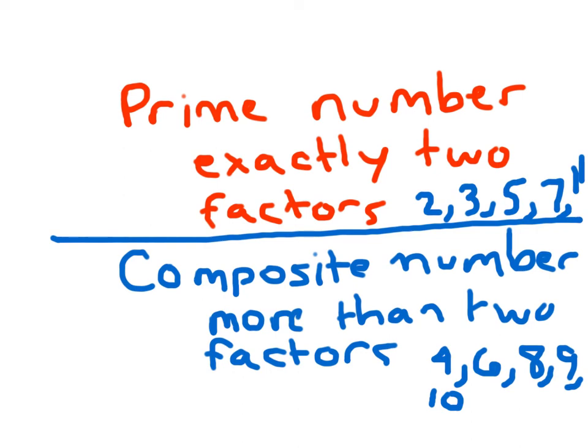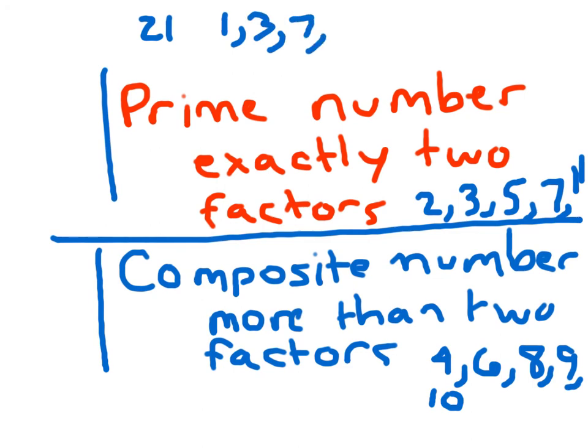Now, to figure out whether a number is prime or whether it's composite, all we would need to do is factor that number, and then we look at those factors and count them up. 21 then is a composite number. Another example from before, I think we did 24. Actually, maybe we didn't.